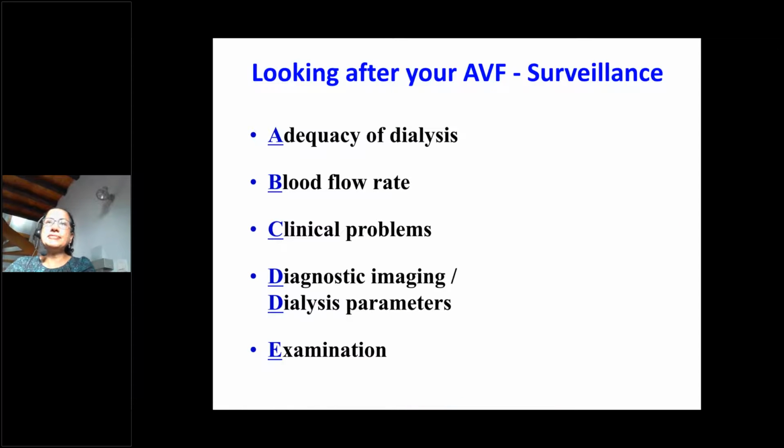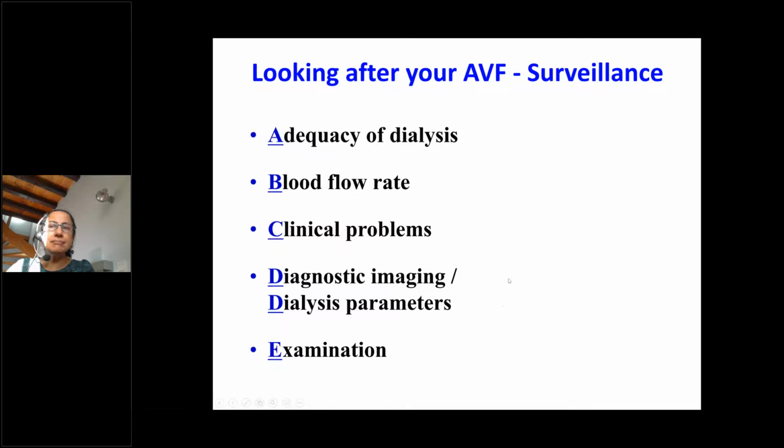Looking after the AV fistula and surveillance is extremely important. I've listed this as an ABCD, but of course you don't follow exactly this order. We would check dialysis adequacy, the blood flow rate, and clinical problems reported, and this could include something such as prolonged bleeding after removing the fistula needles, diagnostic imaging with ultrasound, looking at the dialysis parameters for clearance and for recirculation, and examination.